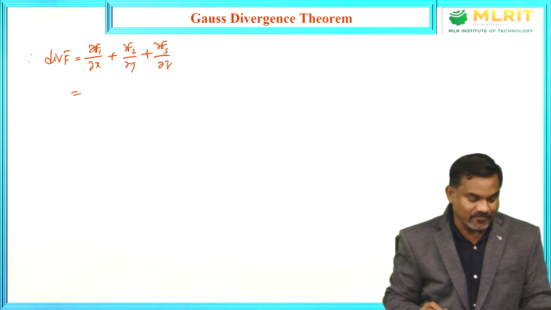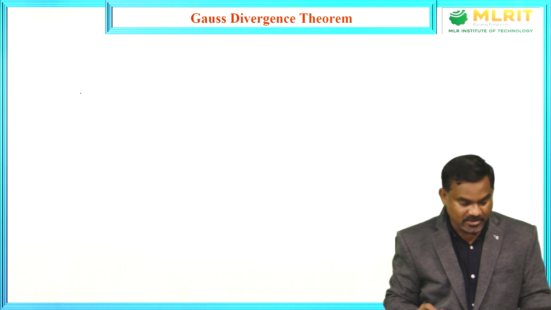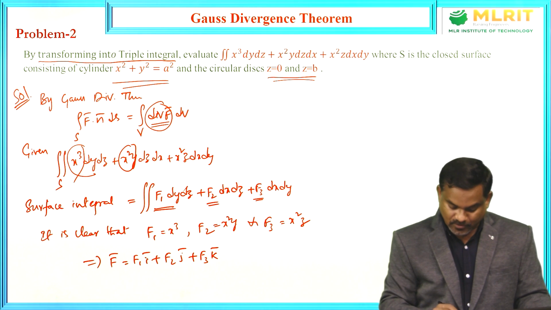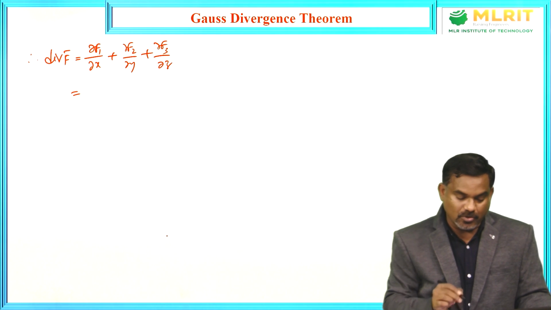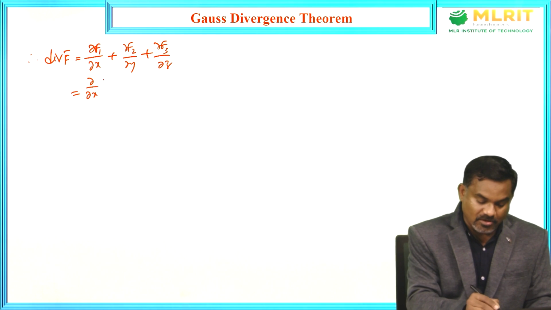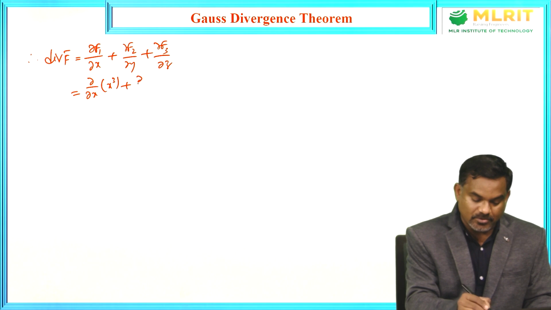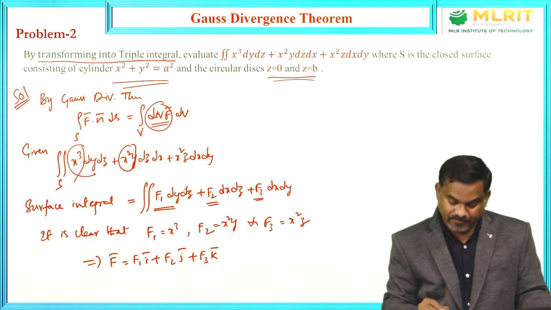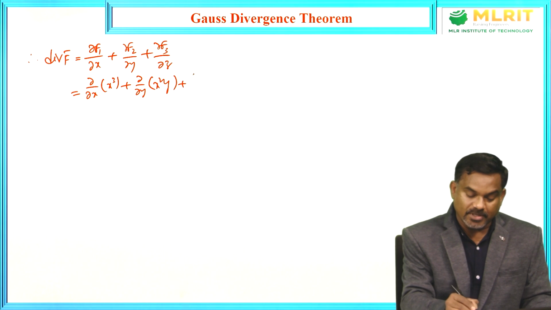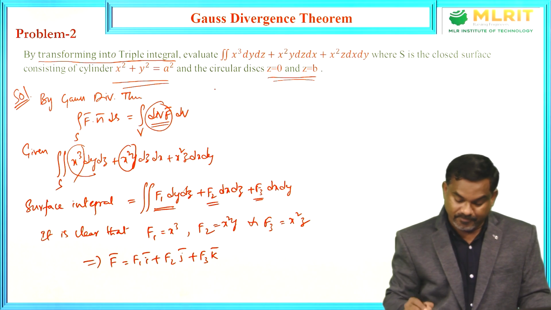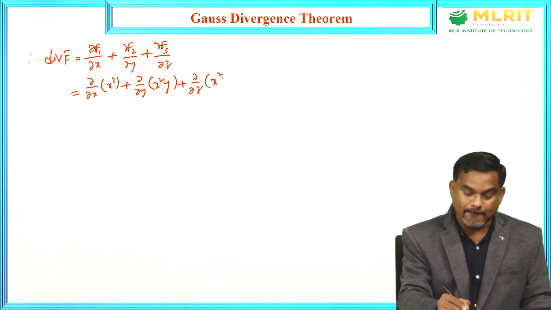Here f1 is x cube, so dou by dou x of x cube, plus dou by dou y of the second component x square y, plus dou by dou z of the third component x square z.